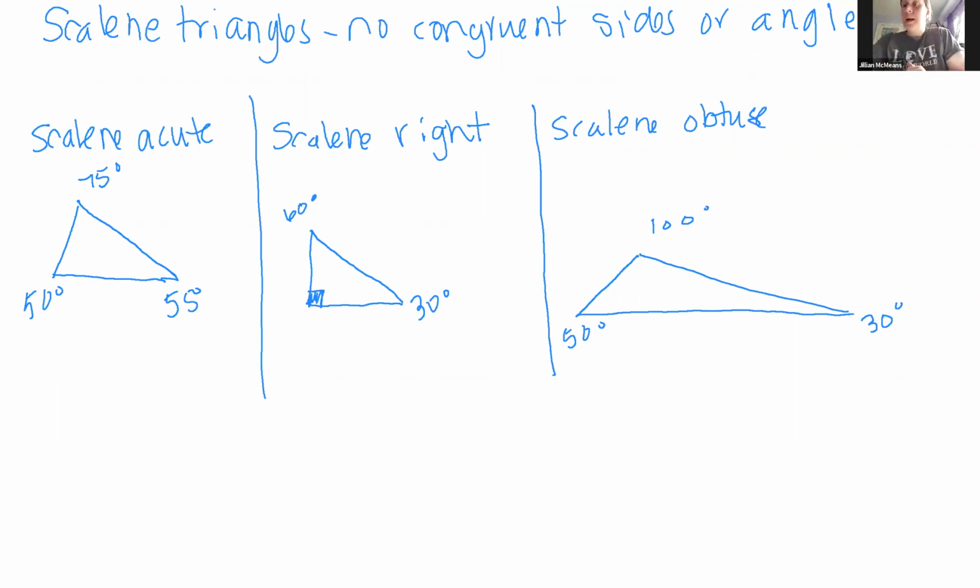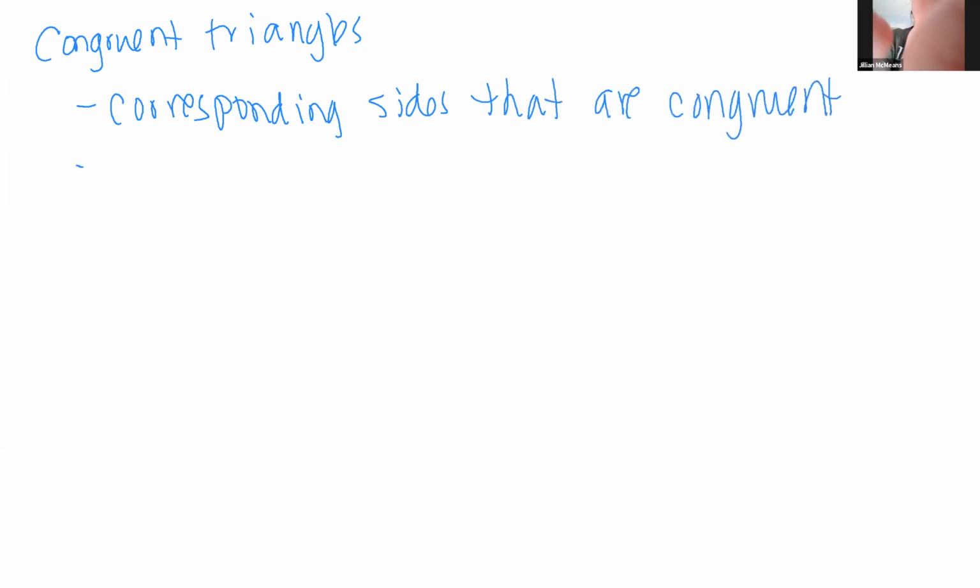All right. Now, next up, we need to talk about congruent triangles. So congruent triangles have corresponding sides that are congruent and corresponding angles that are congruent.